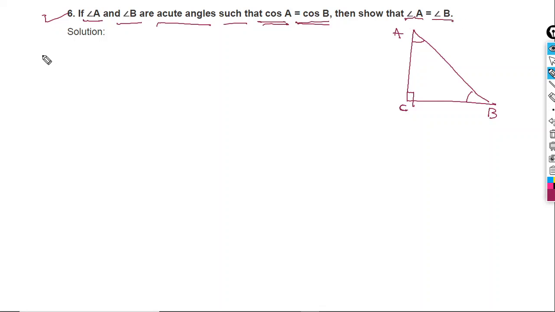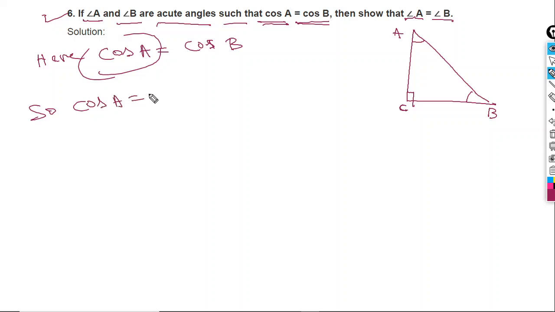So let cos A be equal to cos B. Let's see what cos A is. You can put the formula for cos A, adjacent side of angle A divided by hypotenuse. So it will be equal to AC by AB, where AB is the hypotenuse.